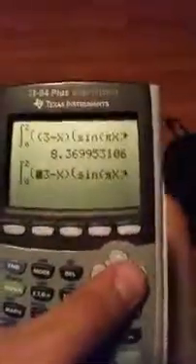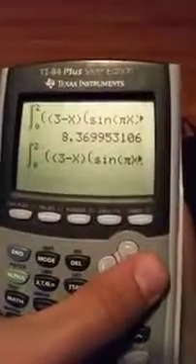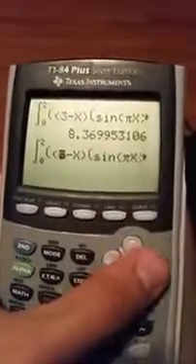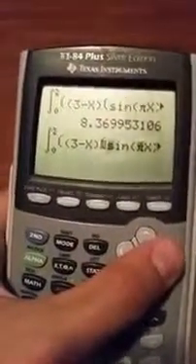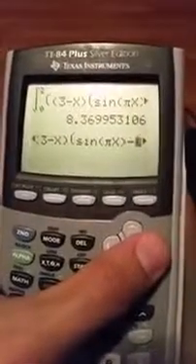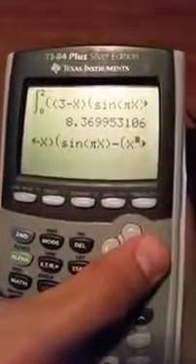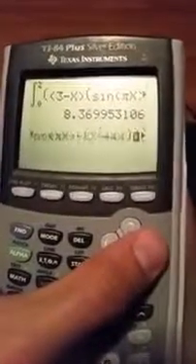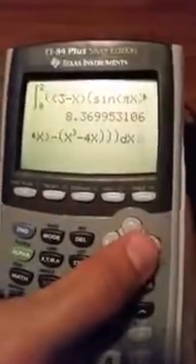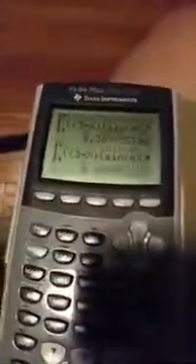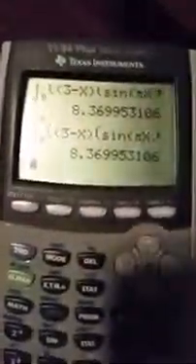Alrighty, so we're back and it's finally working. So we have 0 to 2. We have 3 minus x times our original top minus bottom. Alright, there we go. And as you see, previously I tested it out and it does come out with the right answer: 8.3699.